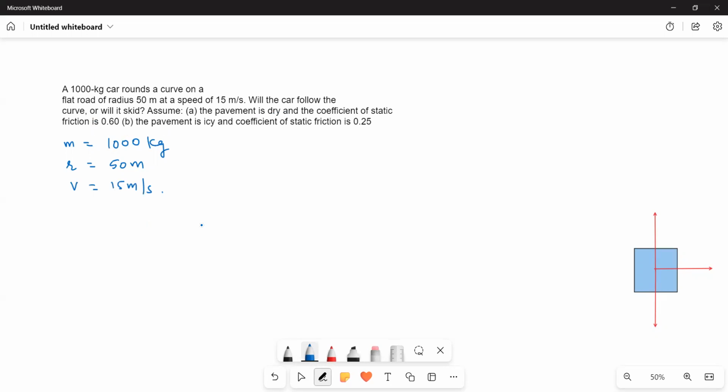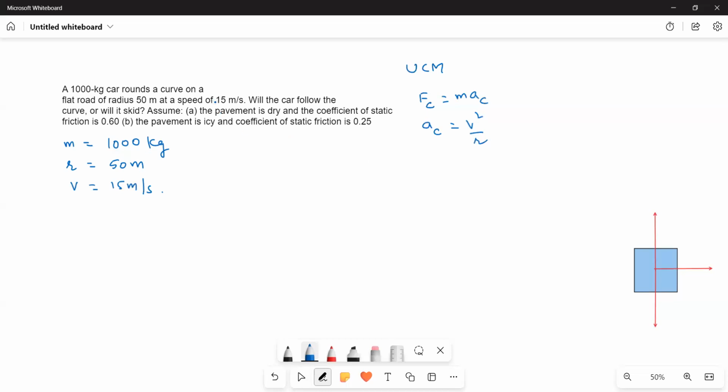That means this question is based on uniform circular motion. Here, the centripetal force is equal to m a_c, where a_c is v square over r, the centripetal acceleration.